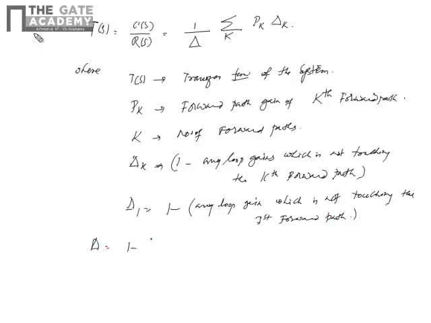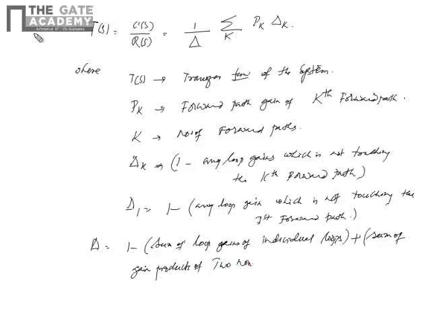So delta is 1 minus the sum of loop gains of individual loops, plus the sum of gain products of two non-touching loops, minus the sum of gain products of three non-touching loops, plus and so on.